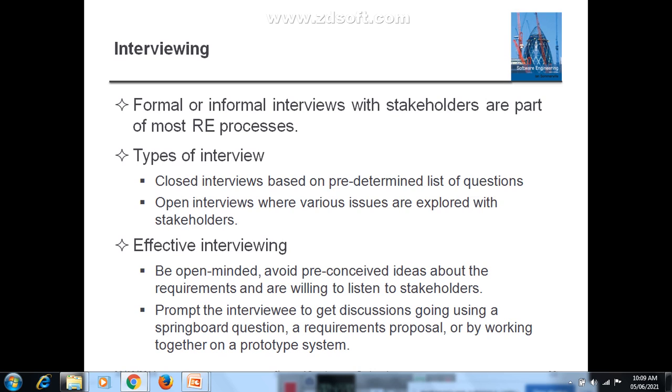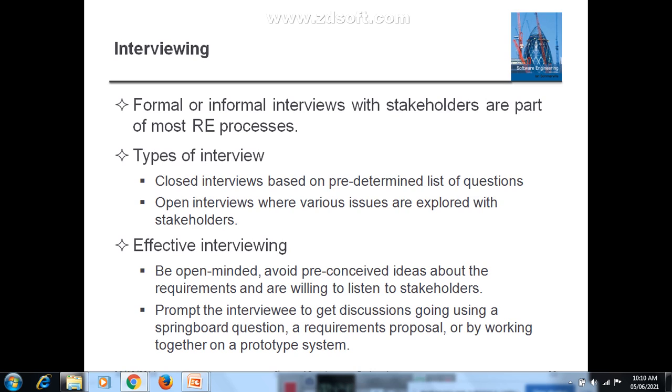Clear? The stakeholders must be open-minded, avoid preconceived ideas about the requirement, and be willing to listen to the stakeholders. Then the second one is to prompt the interviewee to get the discussions going using a springboard question, a requirement proposal, or by working together on a prototype system.